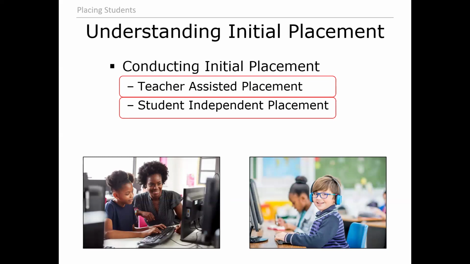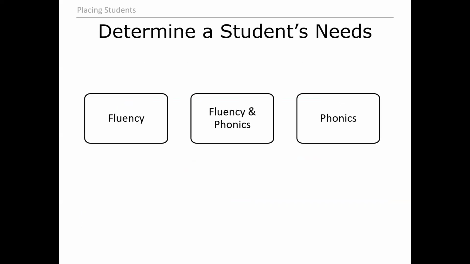And before we get into the exact examples, it's important to remember that we have a group of students with very diverse needs, right? Some of our students that we're going to work with really primarily have issues with fluency and likely comprehension as a result of the fluency issue, right?